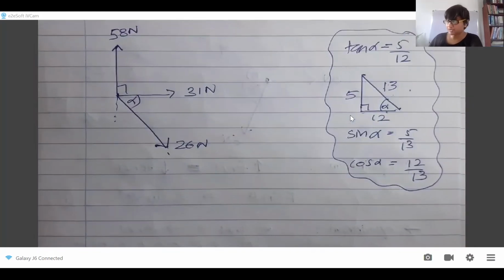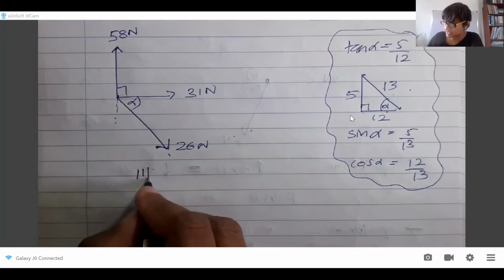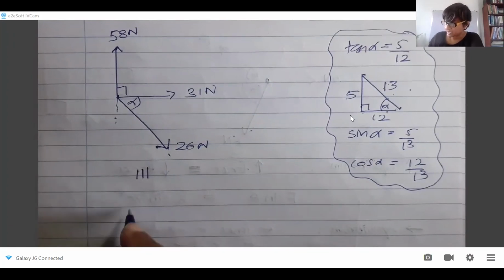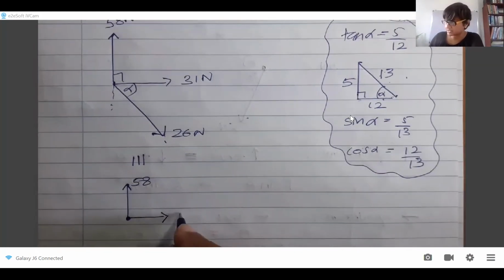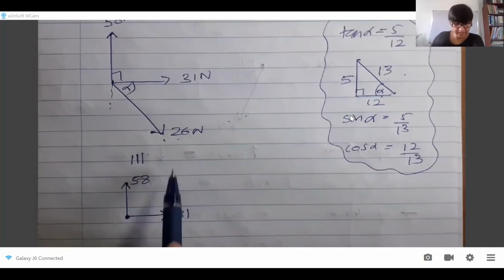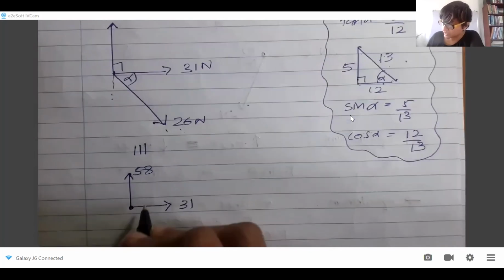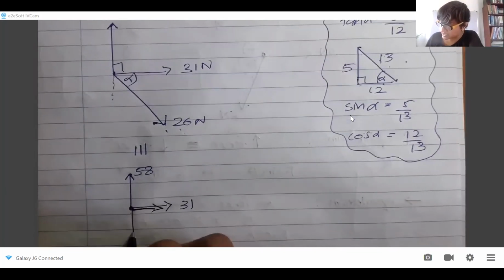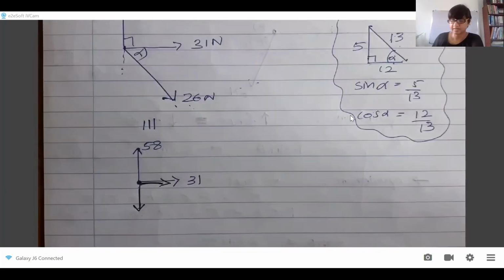Now, in order to find the resultant, if I simplify this diagram, this is already in vertical direction. I don't do anything to it. This is already in horizontal direction, 31. The 26, this force, I will split into two components. I'll get one in that direction and one in this direction. This would be 26 sine alpha.